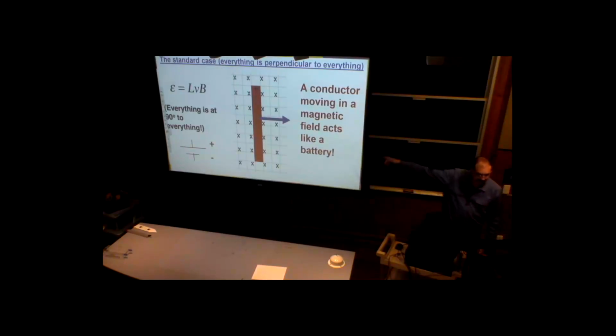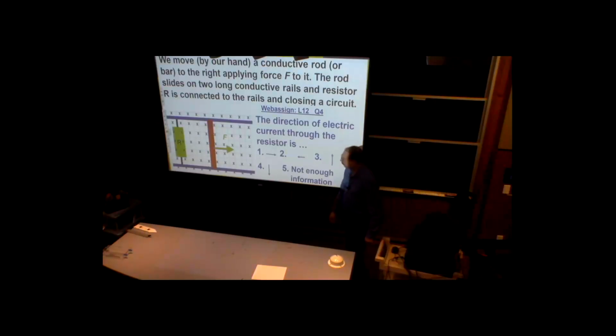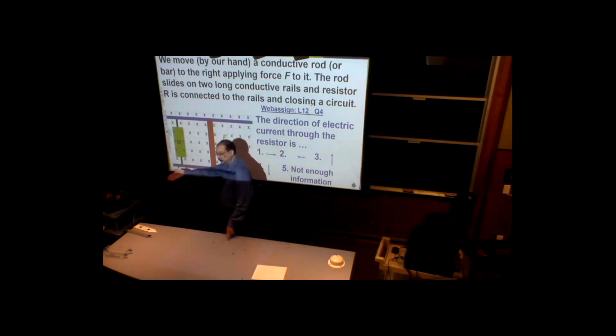So that's a conclusion. A conductor, simple bar, in a simple case when everything is perpendicular to everything, starts acting like a battery. Question. It's not a bar anymore. It's a circuit like in my experiment.